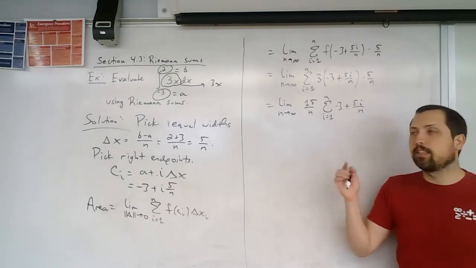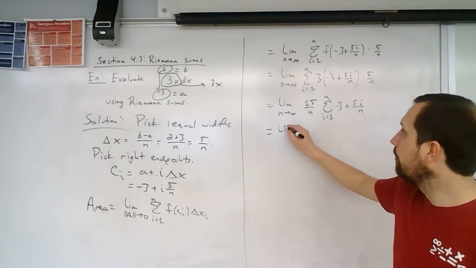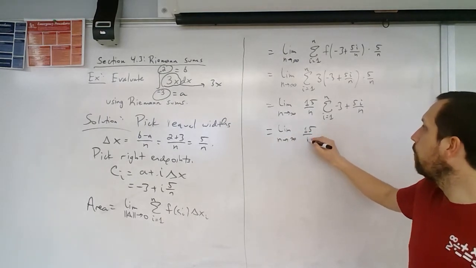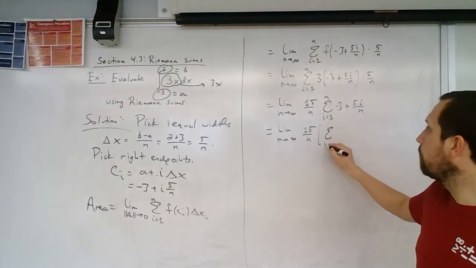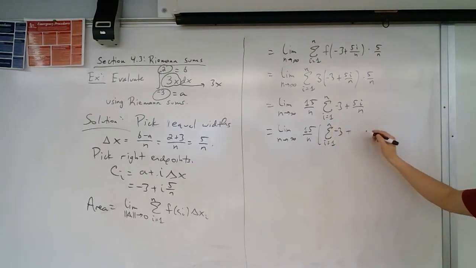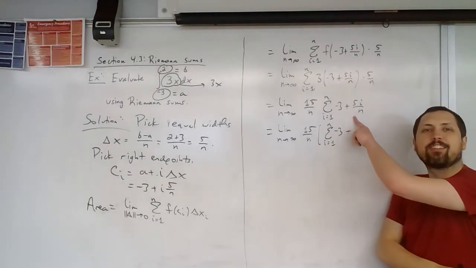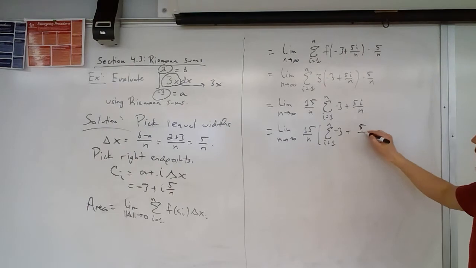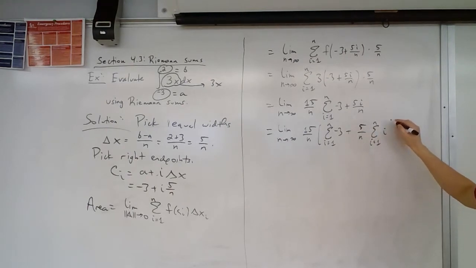And then I separate this into two sums. So I have the limit as n tends to infinity, 15 over n times the sum from i equals 1 to n of -3, plus, at the same point when I take this sum, I'm just going to take out the constants as well. So I'm just going to skip a step, take out the 5 over n, sum from i equals 1 to n of i.